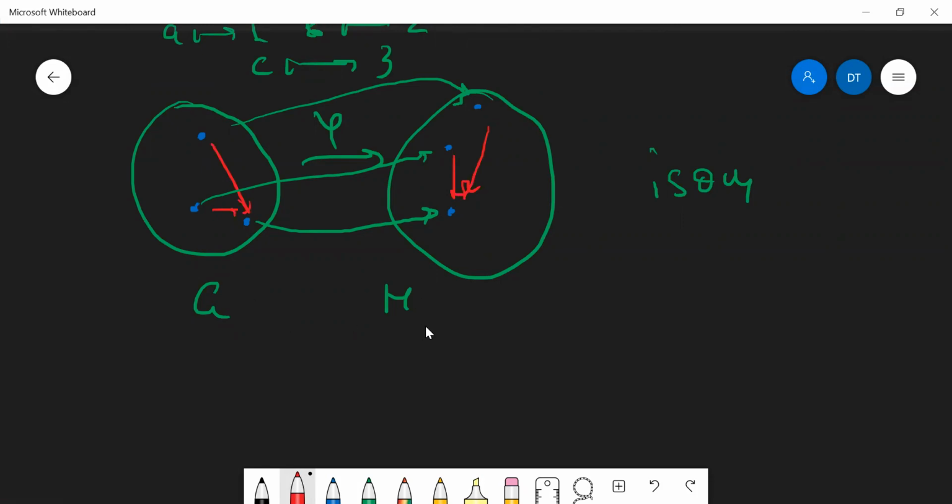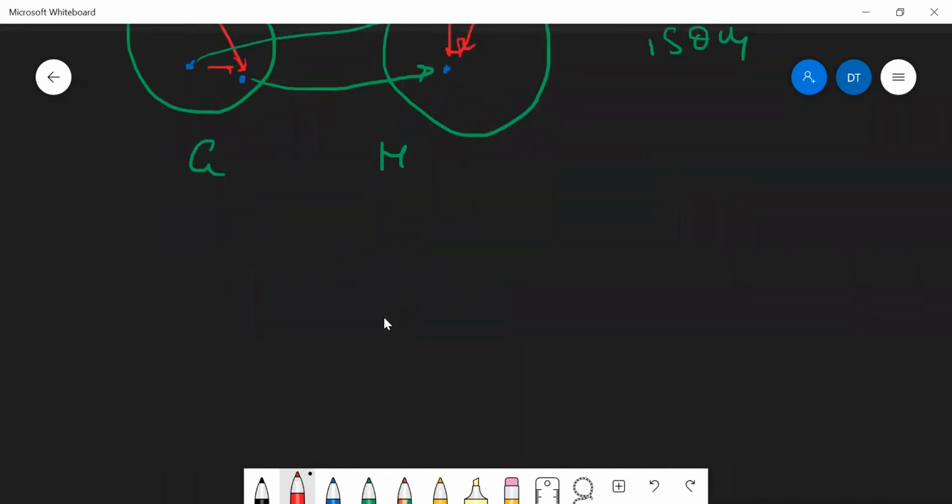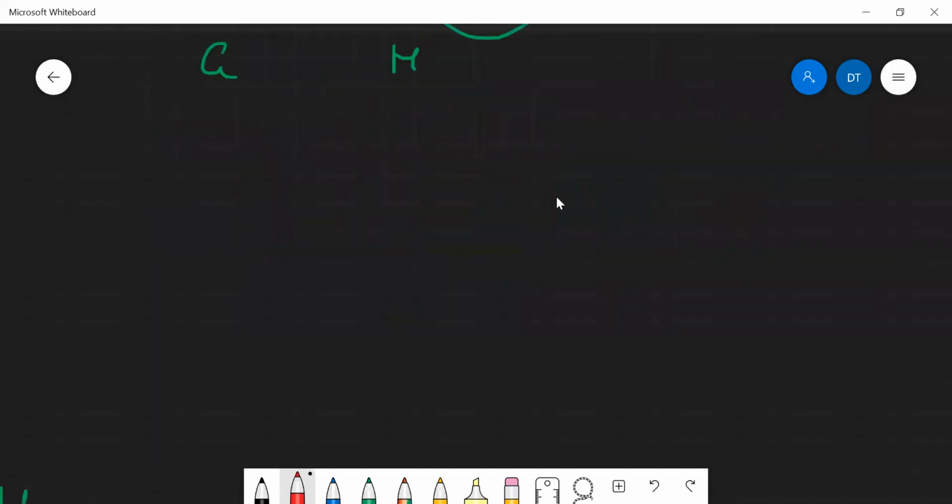So G and H are exactly the same, and the map phi just renames the elements from G and maps them to the elements of H. And it takes the operation from G and converts it to an operation on H. But the group is exactly the same. That's how you should think about an isomorphism. Okay, if you have any questions, please ask.